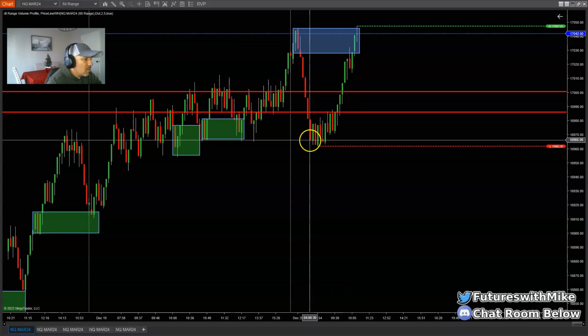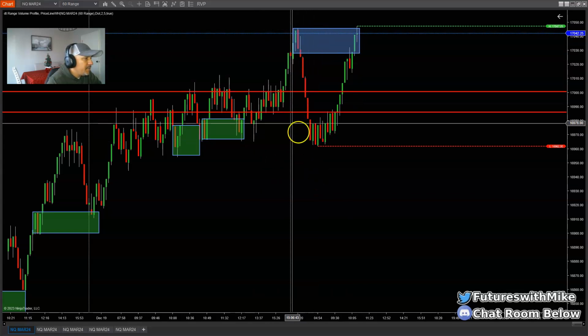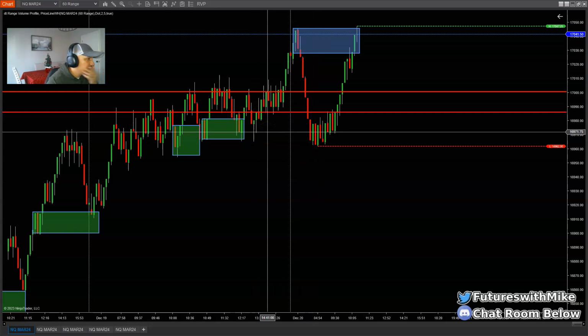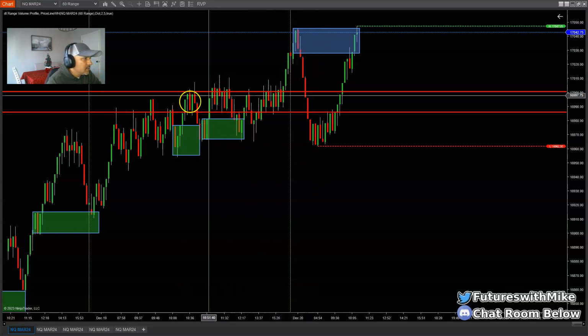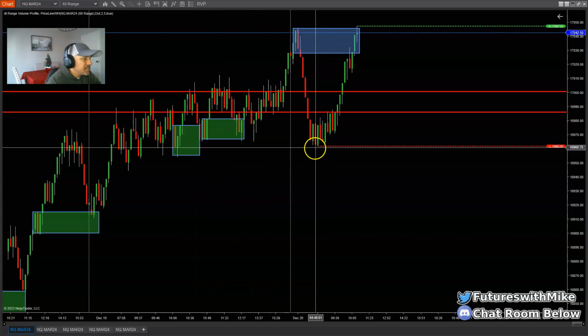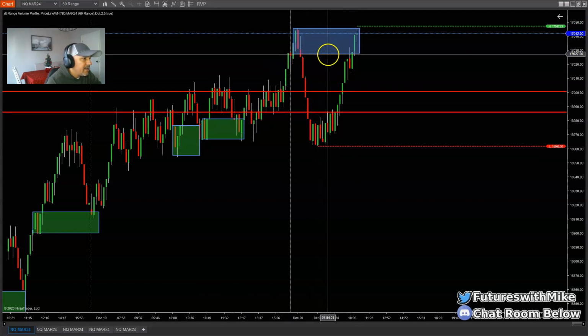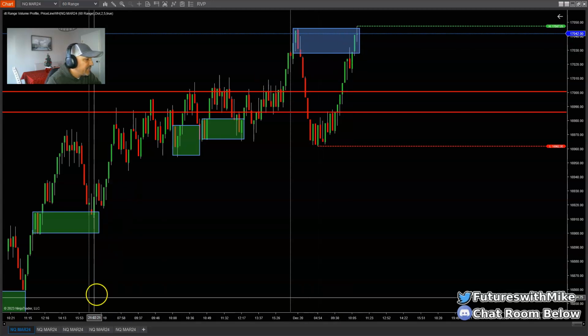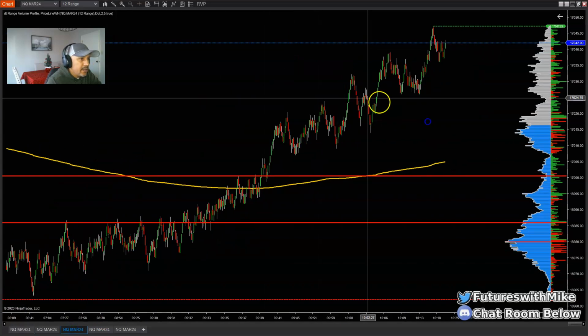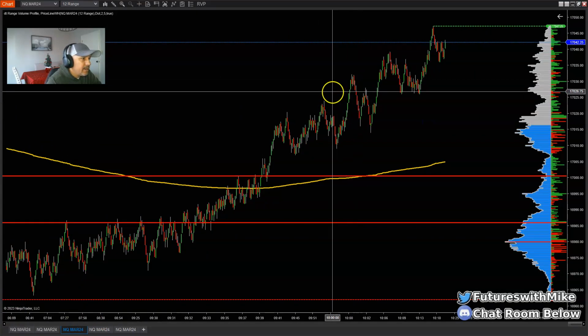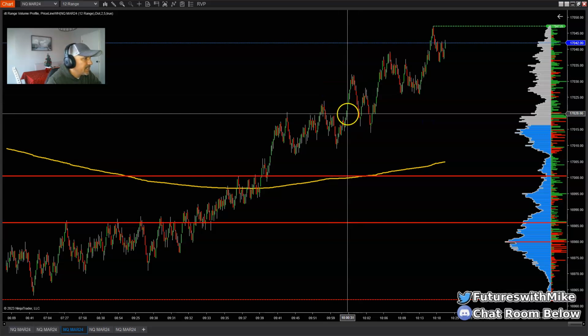We broke lower. We broke a bit of structure coming down through some structure in yesterday's trading session. And this is a pullback. So this right here is a supply area. It bounced right here at 17,030, but we didn't really get a decent supply setup.